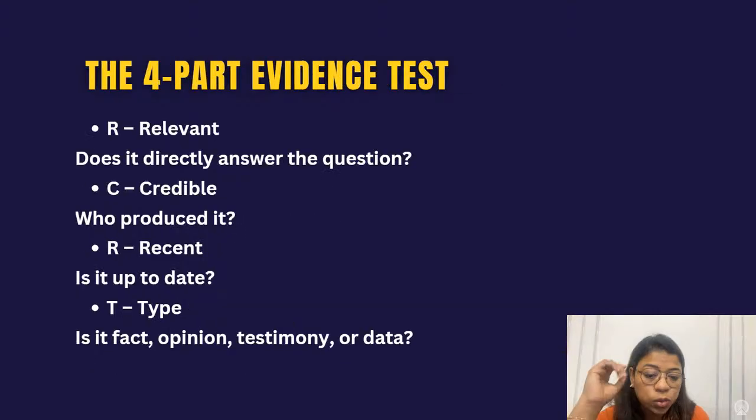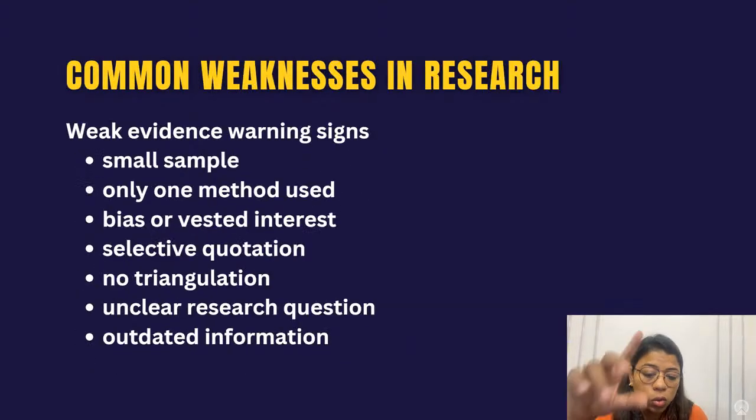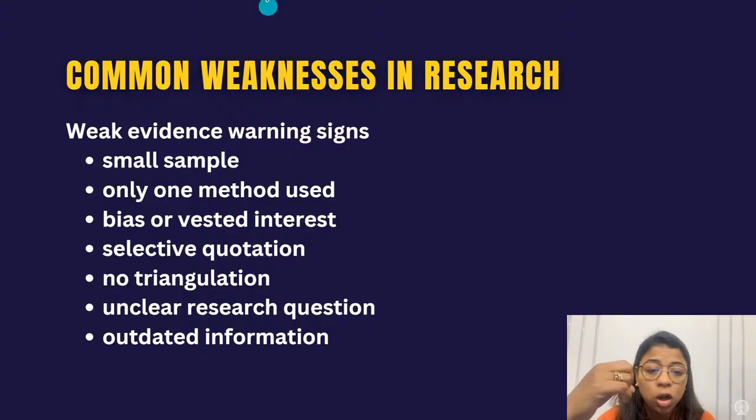Next, you will use the common weaknesses. I believe you all have noted it down or taken a screenshot. Weak evidence warning signs: small sample, only one method used, bias or vested interest, selective quotation, no triangulation, unclear research question, outdated information.